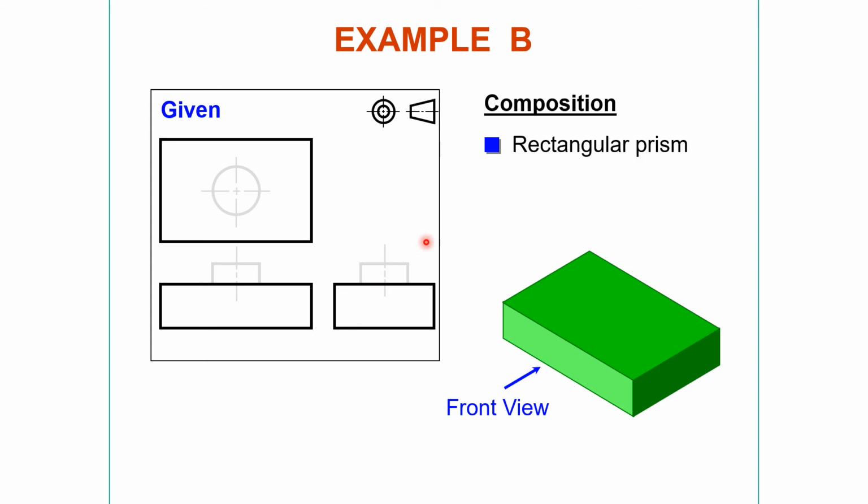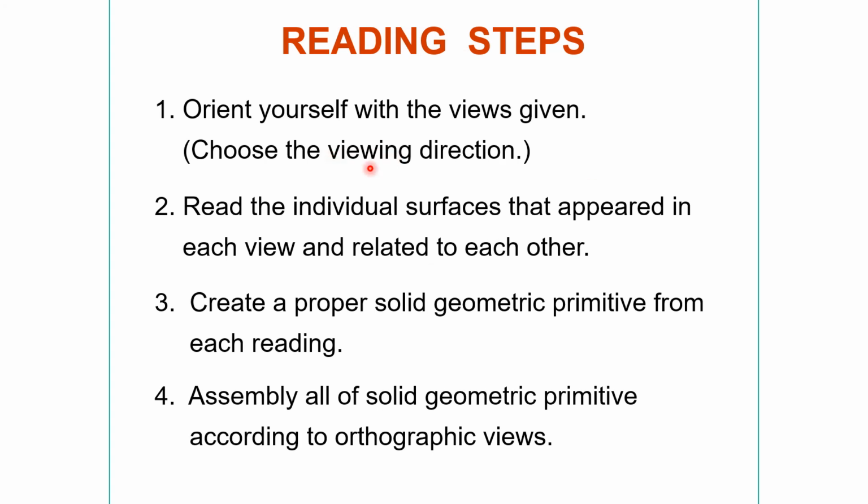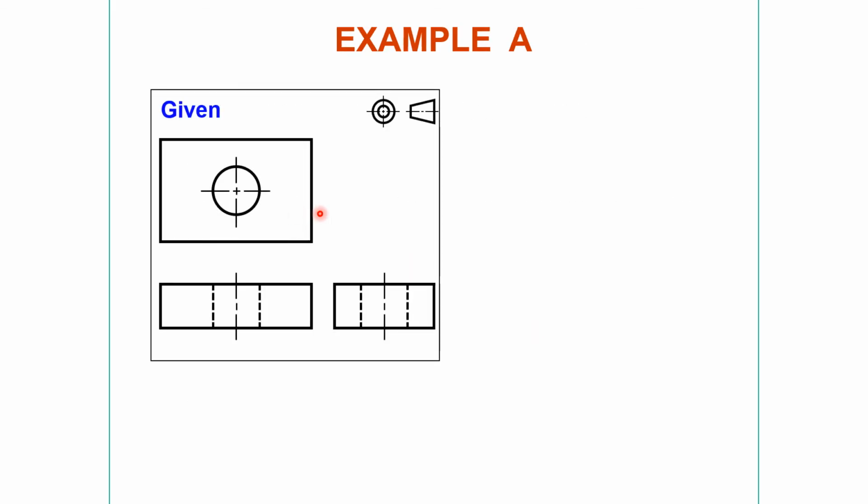First the rectangular prism, then second a circular cylinder. I hope you got the idea of how you can join the different solids and why we discussed the primitives. First of all, orient yourself, read individually, then create solid geometric primitives, like in the first example the rectangular primitive, then the cylinder. Then we assemble all the primitives.